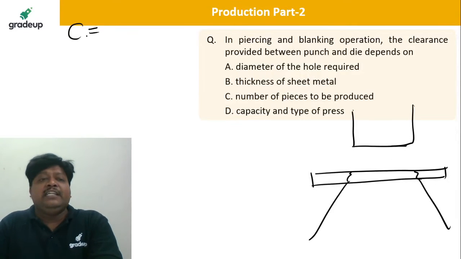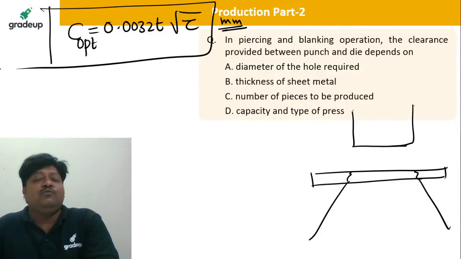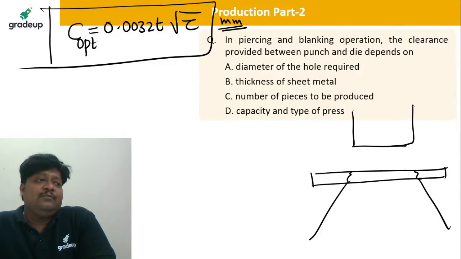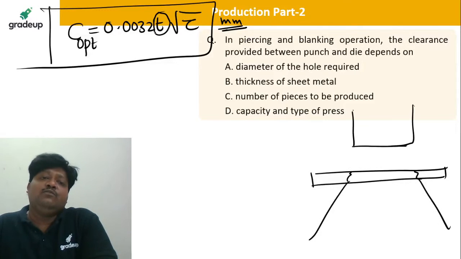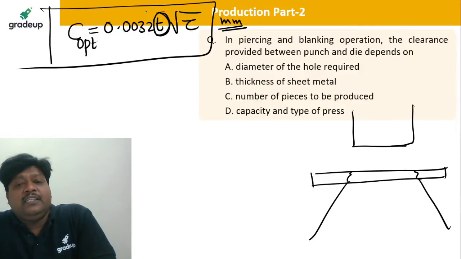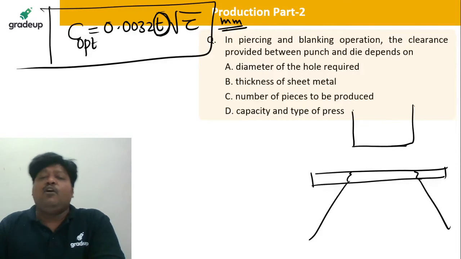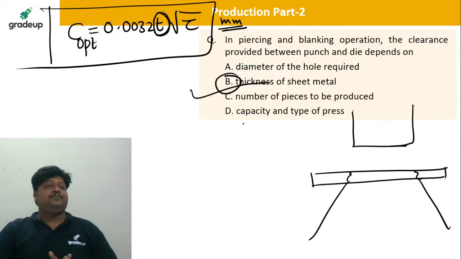For that reason we need the optimum clearance, which is equal to 0.0032 times t under root of tau, which is the radial clearance. From the formula, it is dependent upon the thickness. T is the thickness of the sheet. I hope it is clear. So B, Bombay, is the correct answer.